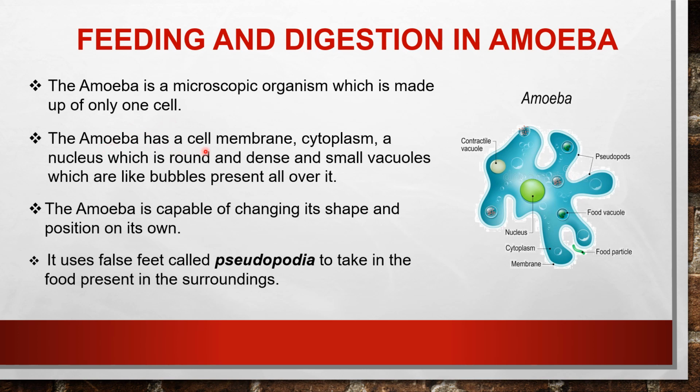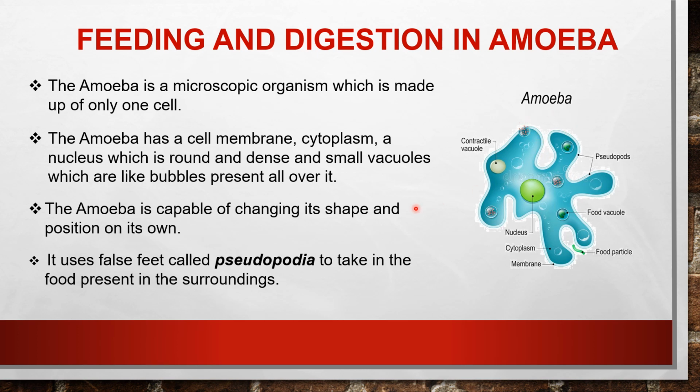It has a cell membrane, which is the outer covering, then inside the cell membrane, cytoplasm is there, a nucleus, and small vacuoles. So that is the structure of this microscopic organism called amoeba.